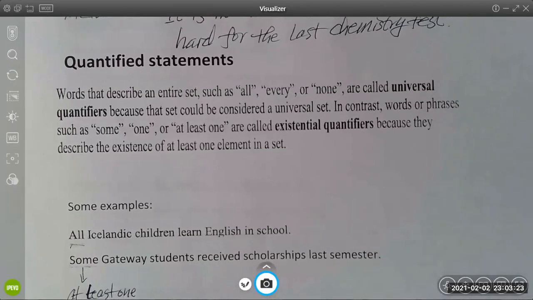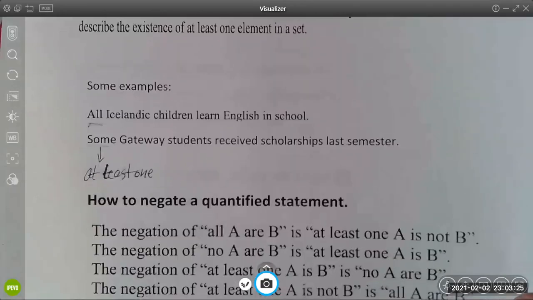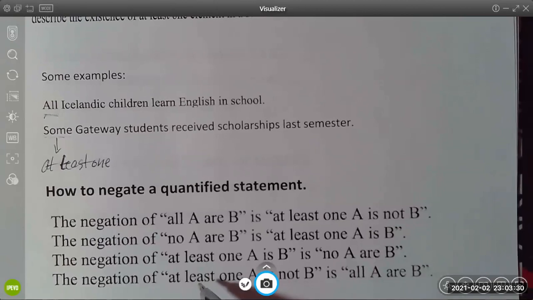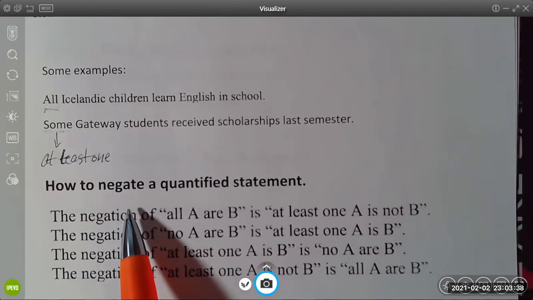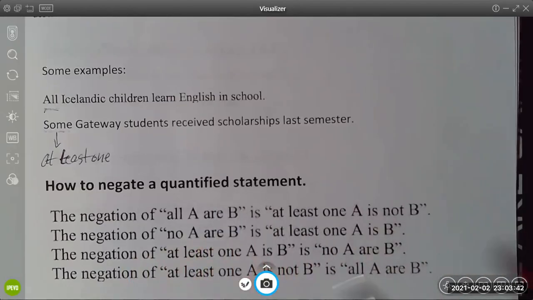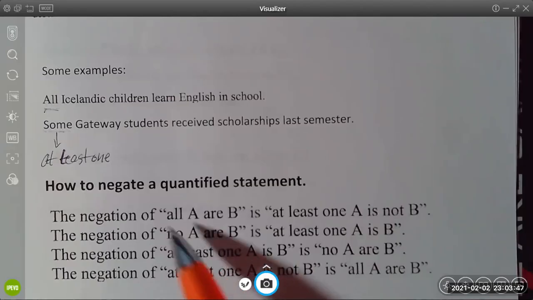Okay, now next, we are going to learn, just through examples, how to negate a quantified statement. Basically, we have 4 basic structures for the original statement with quantifiers in front of them.